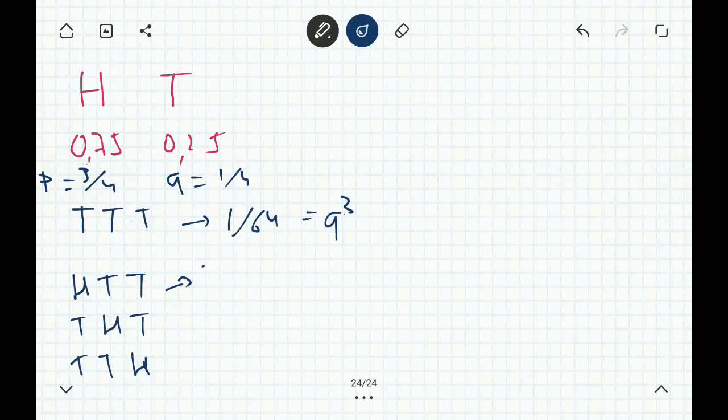Here I have 3/4 for heads, and then 1/4 for tails, and then again 1/4 for tails, and that's 3/64, which is P times Q squared.